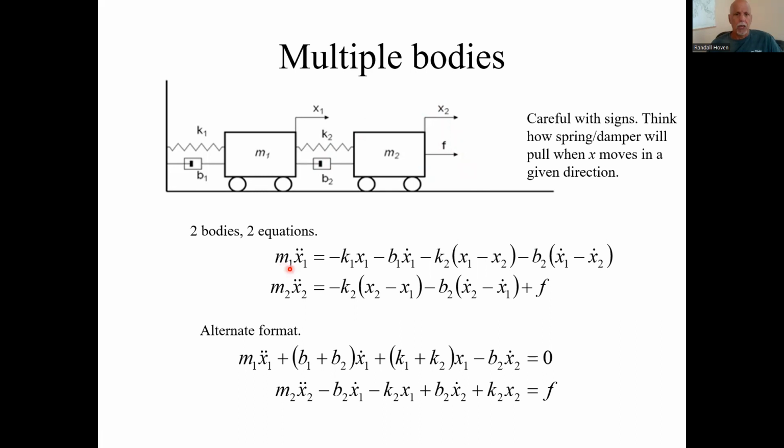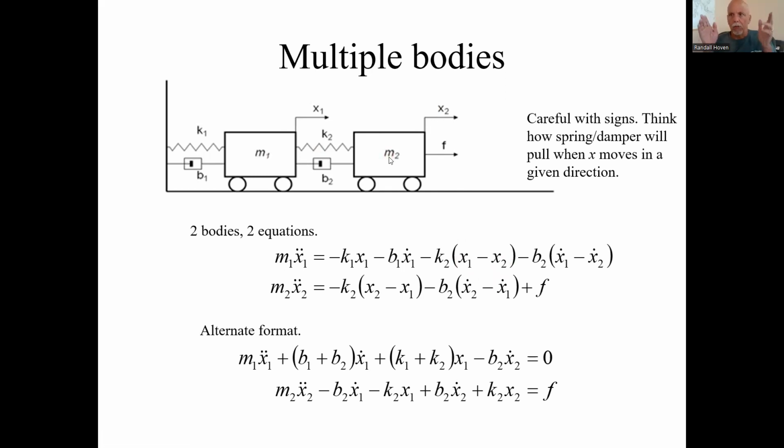So this first one, MA for the first body, minus this spring, minus this damper, minus, and here we need the difference of these two x's. How much this spring here gets stretched or compressed depends on both of these x's. And it's going to be x1 minus x2.